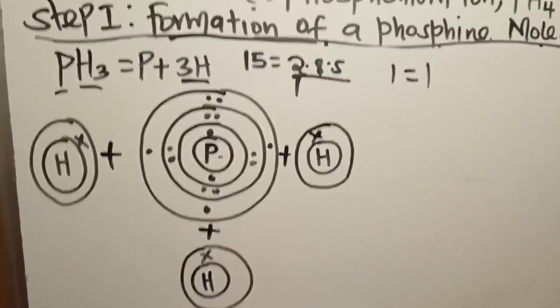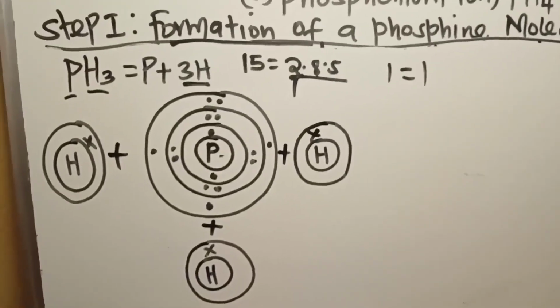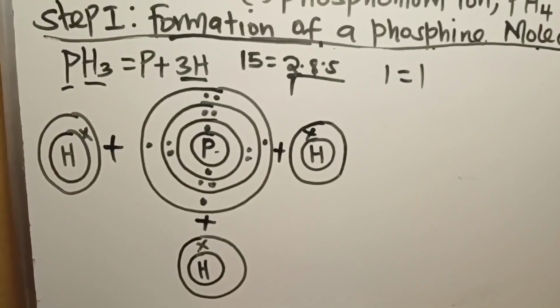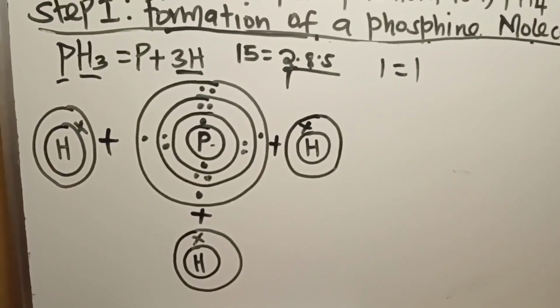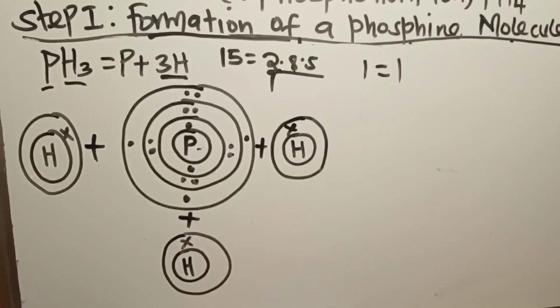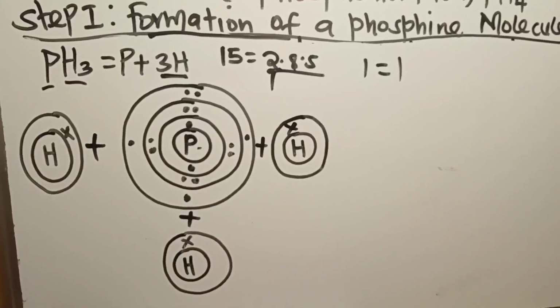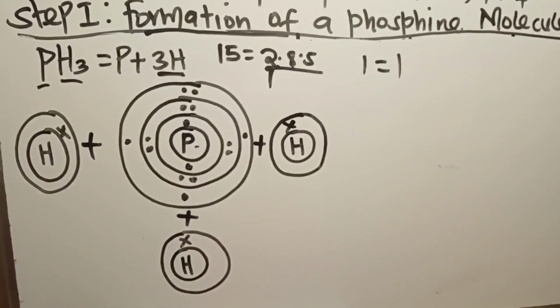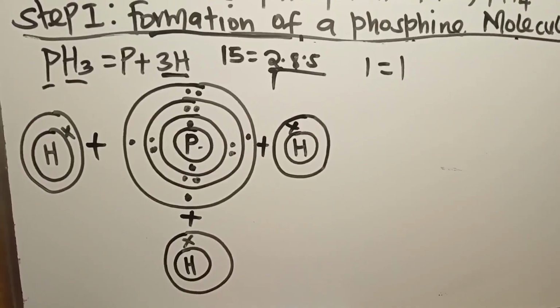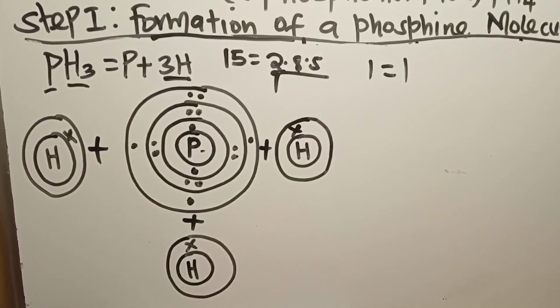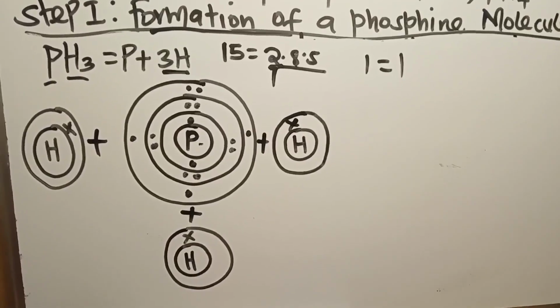Let me say this at this point. Sometimes it is very specific in the question that they require you to only use the valence electrons when you are doing your bonding.